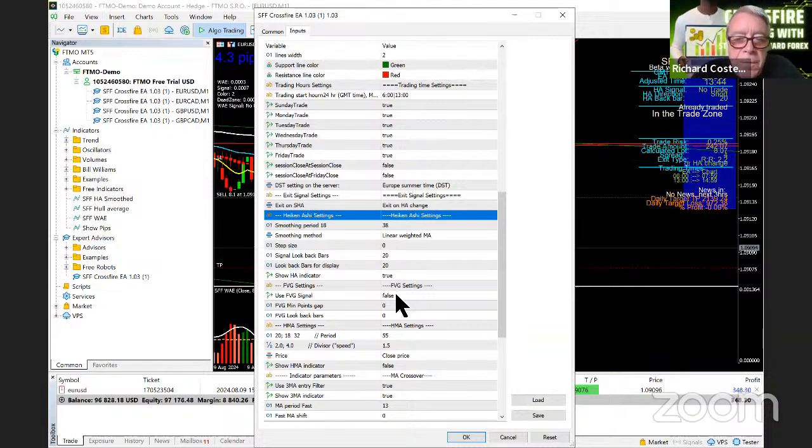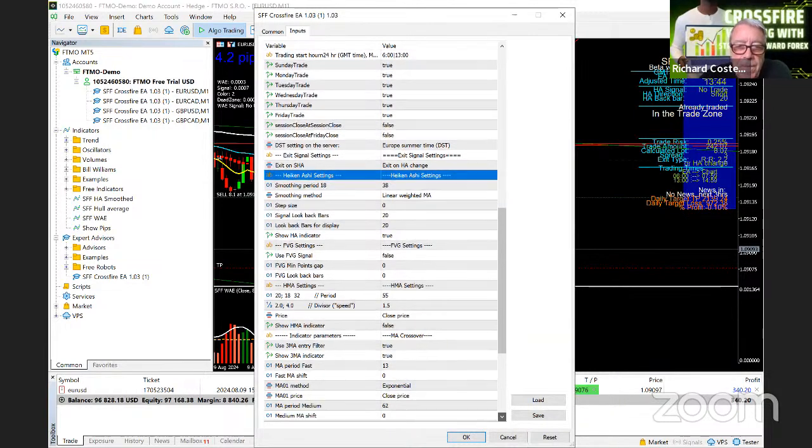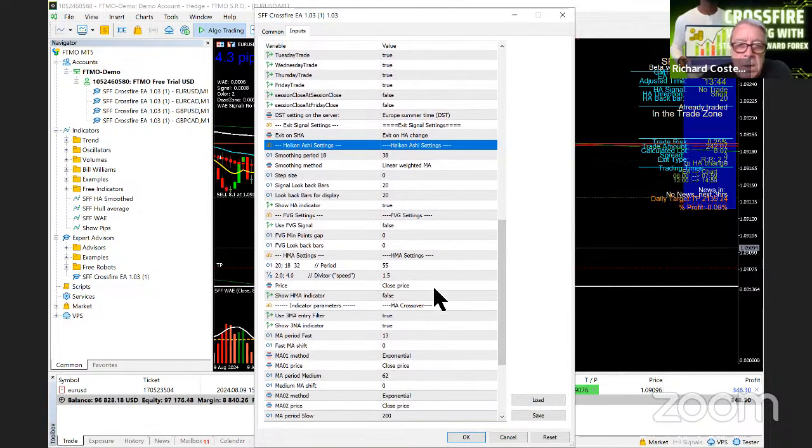I've changed that to false, but I've also had to put the 2 zeros in there. I can't remember what they were, but you need them set to 0, otherwise you get the fair value gap displayed on your screen, but it has nothing to do with the indicator, with the trading assistant. The HMA settings are irrelevant because I'm not using the HMA.